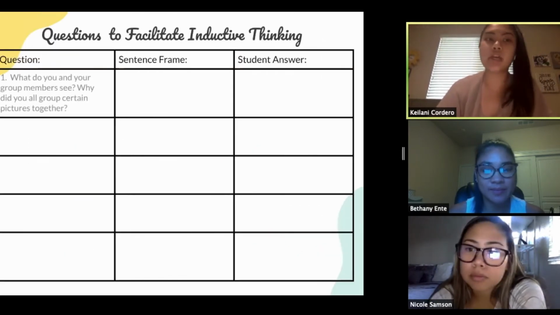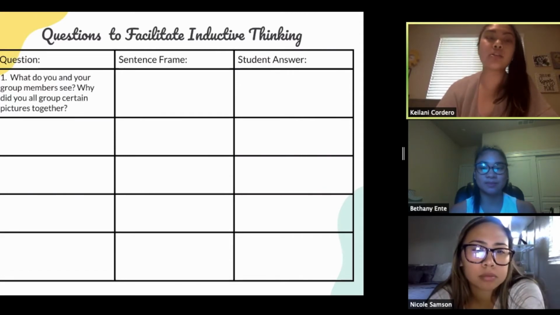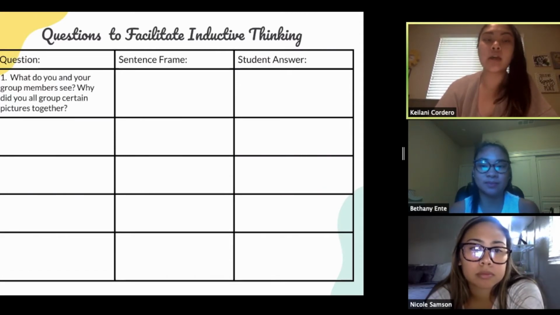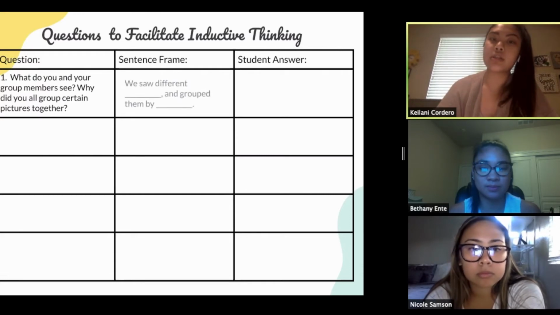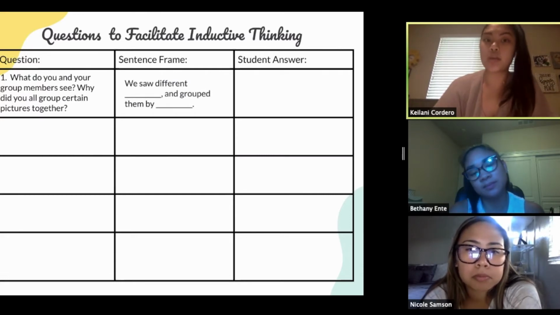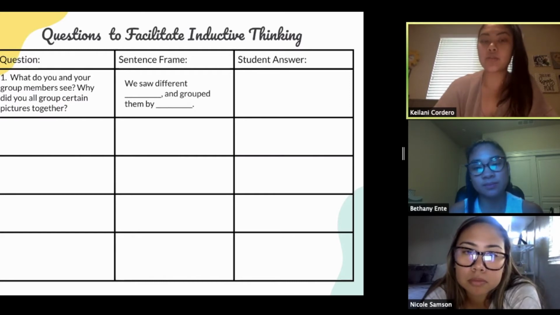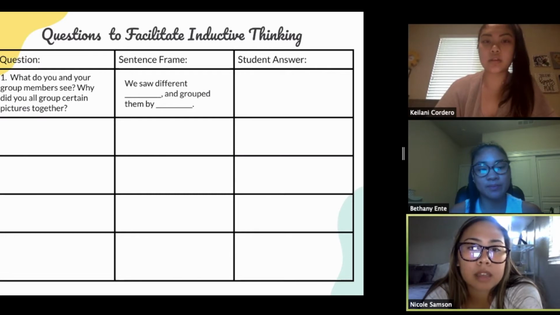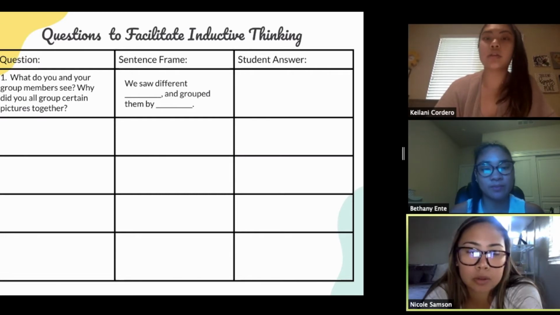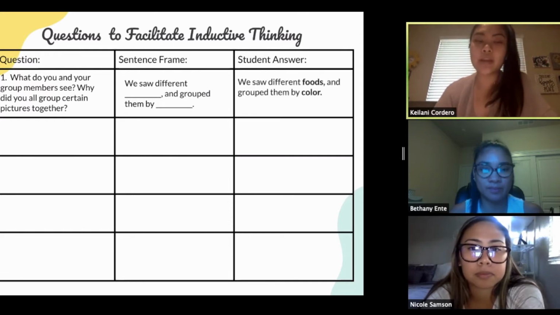All right, but first, I want to ask you guys, what did you and your group members see, and why did you all group certain pictures together? So you guys can use this sentence frame. We saw different blank and grouped them by blank. We saw different foods and grouped them by color. Awesome. All right.